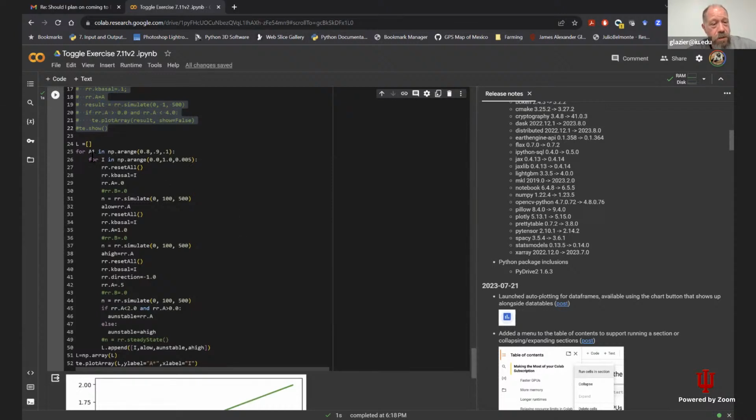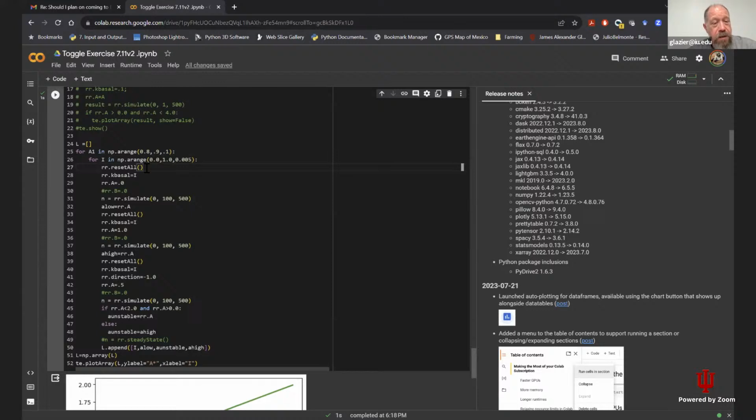And then here's what I do. I'm going to scan my parameter. Actually this A1 isn't being used at the moment. I could have gotten rid of that. I'm going to scan I, which is controlling my parameter, between 0 and 1, in small steps.